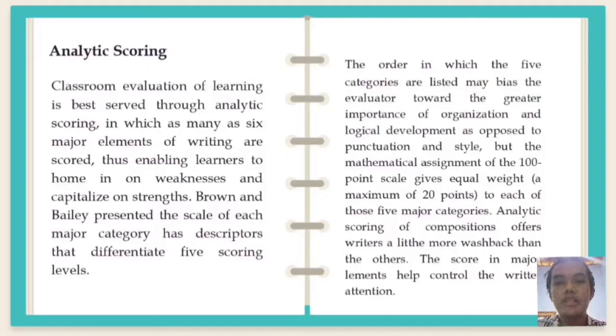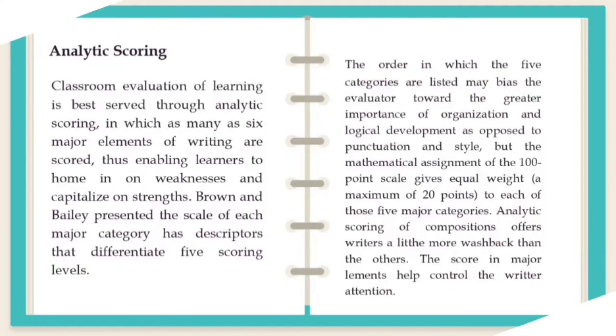But the mathematical assignment of the 100-point scale gives equal weight to each of those 5 major categories. Analytic scoring of compositions offers writers a little more respect than the others. The score in each major element helps control well-written attention.